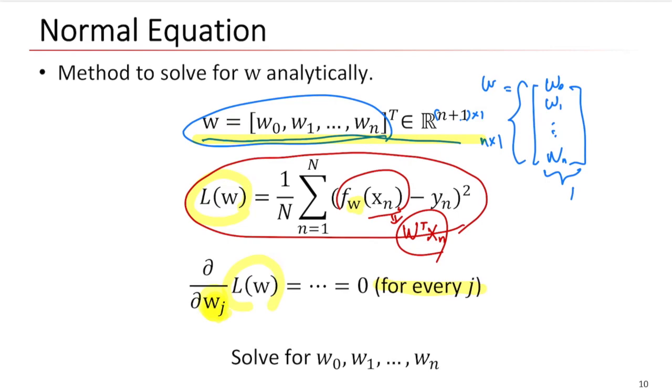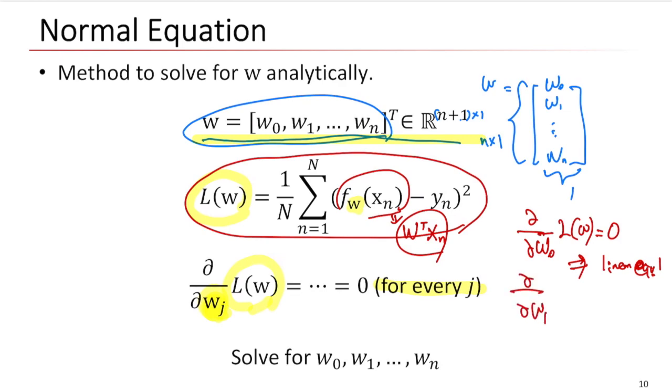So what does that mean? If we just compute the gradient with respect to w0, it makes some linear equation 1, right?